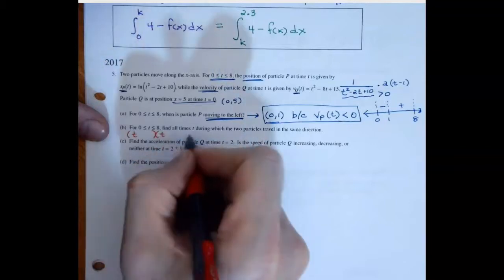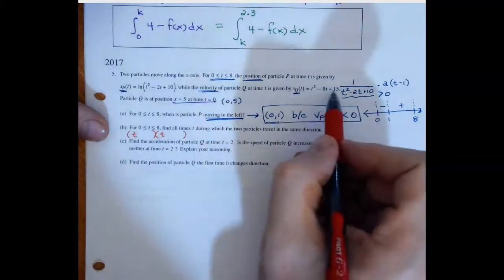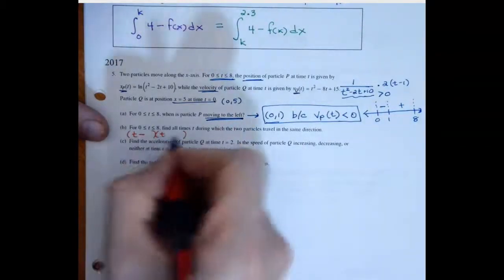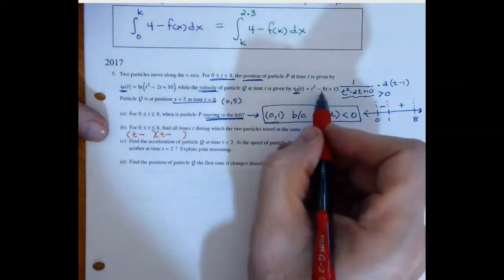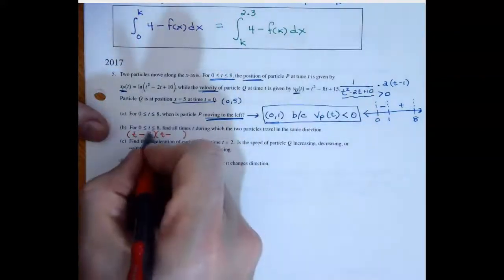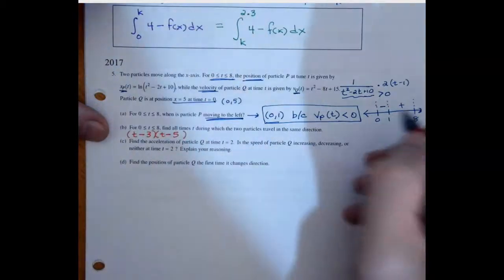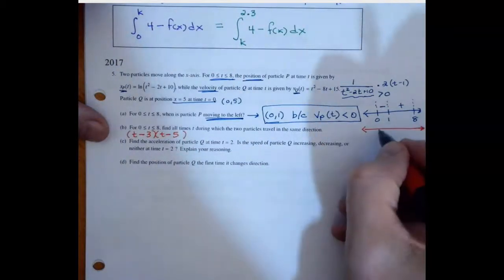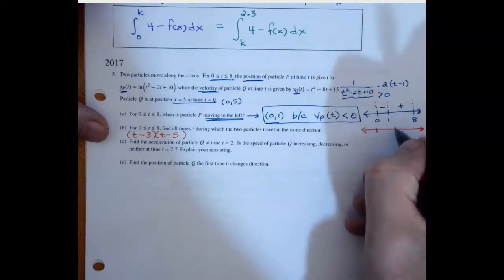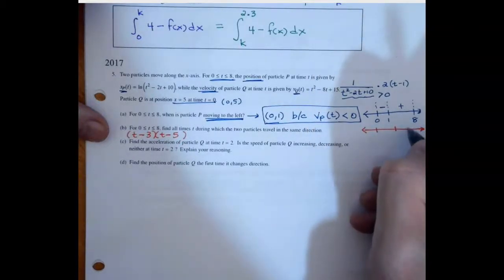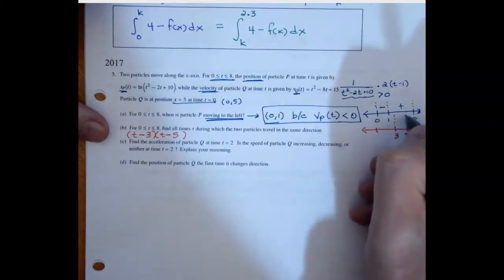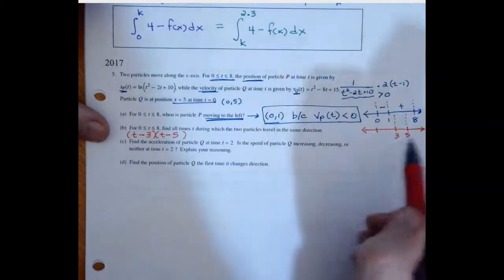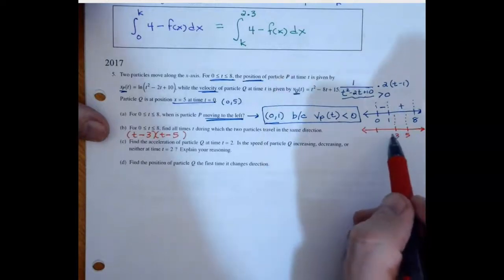So t and t, and this is positive, so they have to have the same sign, and the 8 is negative, so they both need to be negative, and pretty easily 3 and 5. So if we look at this one, it's going to be 3, I need to be careful here, and 5. Didn't really space that out properly, but hopefully it's enough that I can tell what's going on.